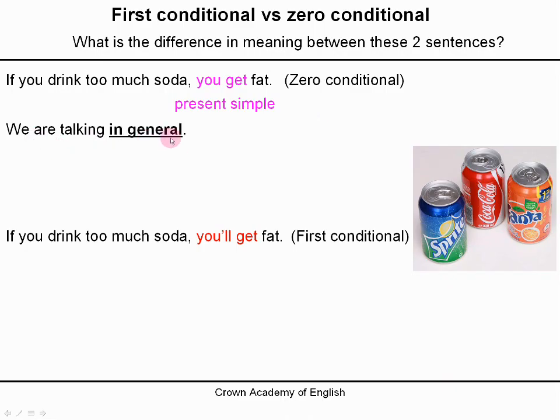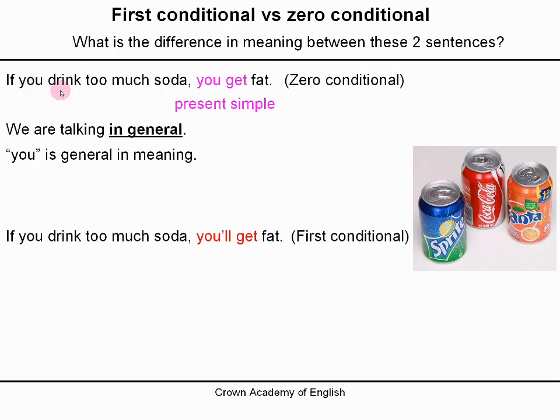But here we are talking in general. And in fact, the you here and here is general in meaning. We are not talking to a specific person. The you means, in fact, everybody.